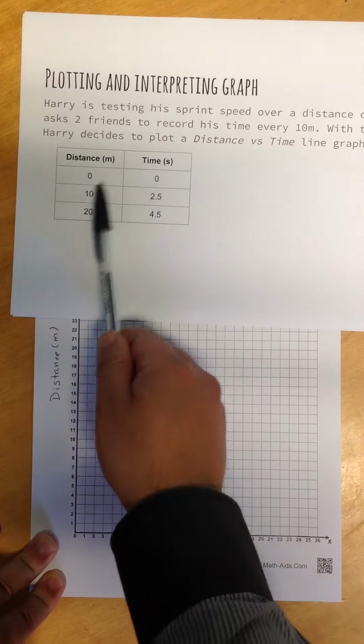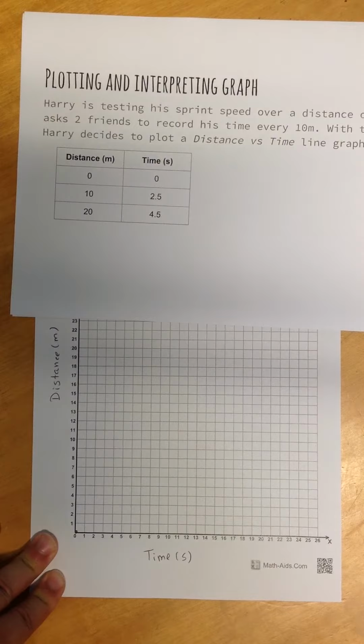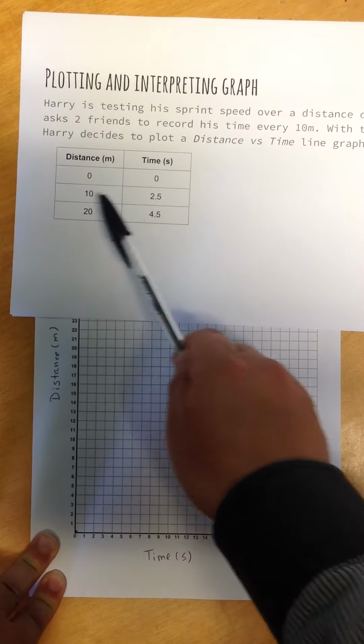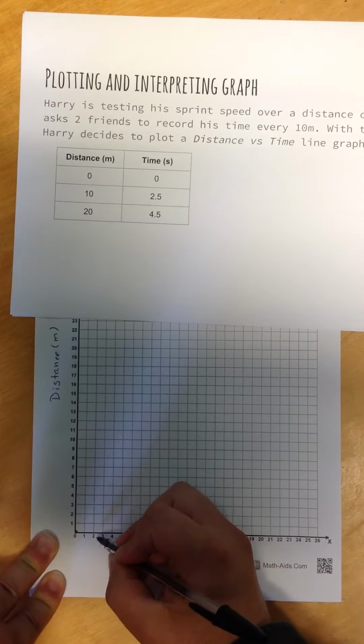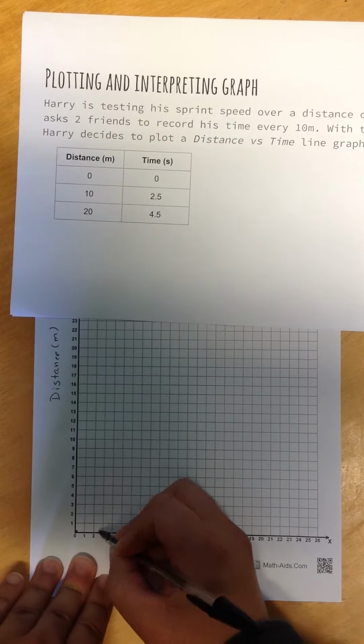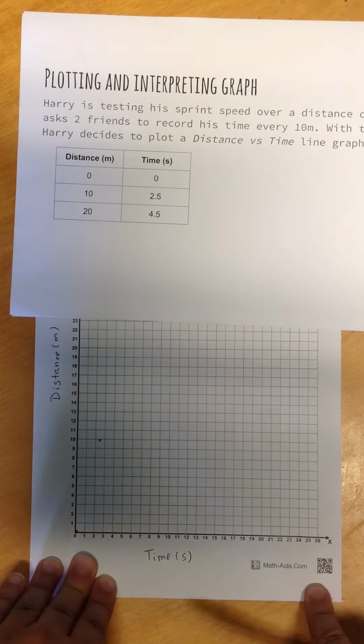So first of all, we have the point 0, 0. That's the starting point. Then where was he at 2.5 seconds? Well, he was at 10 meters. So 2.5 is between 2 and 3. So between here, he was at 10 meters. There's the line. 10 meters would be that point there.